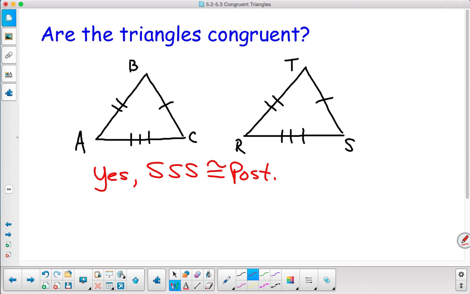Now, a lot of what we'll do this chapter is matching up the triangles, and so I'm going to show you the triangle congruence statement. Triangle ABC is congruent to triangle. Now you have to match it so that the sides will match up correctly. AB needs to go with RT, then BC with TS, so it needs to be RTS.